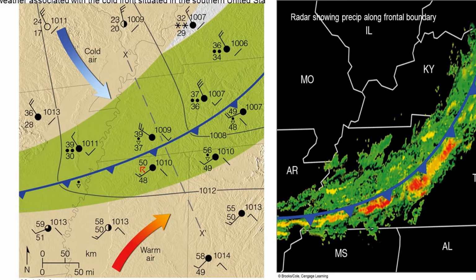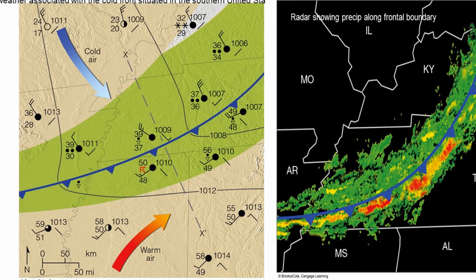If you are now looking at the right side of the image, that's what we call a Doppler radar precipitation image. The precipitation pattern along the cold front, the region colored extending from northeast to southeast, represents precipitation along a cold front.